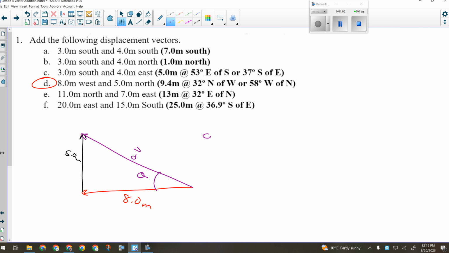Our magnitude of our displacement can be calculated by simply going 8 squared plus 5 squared, which is 25 under the root.